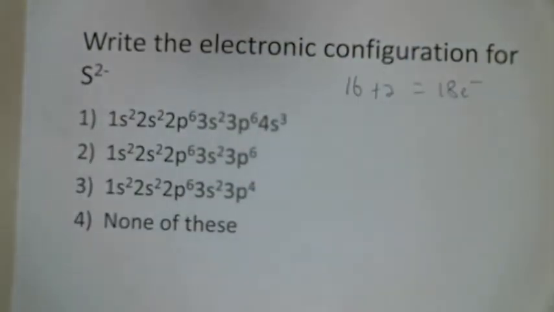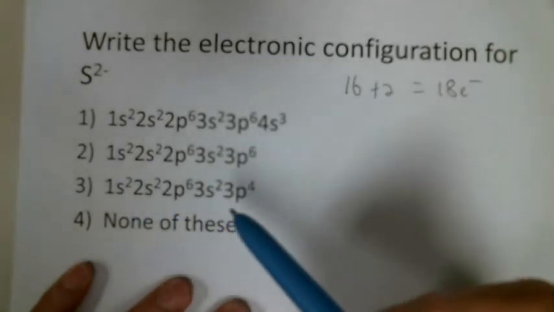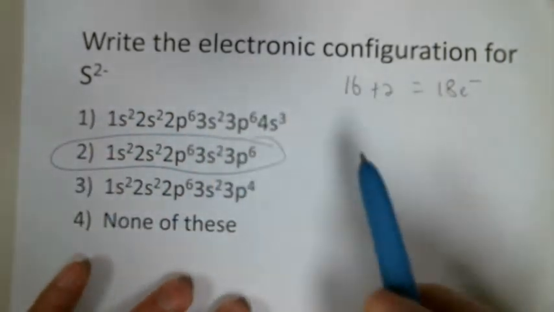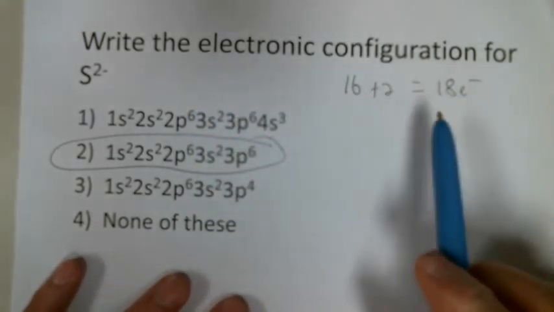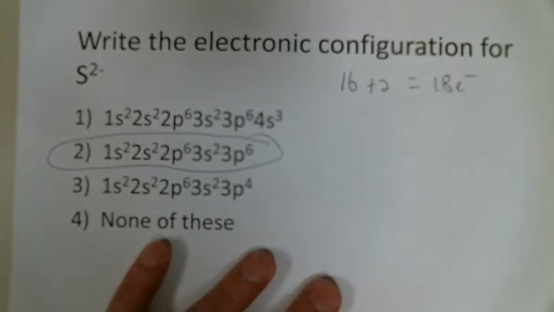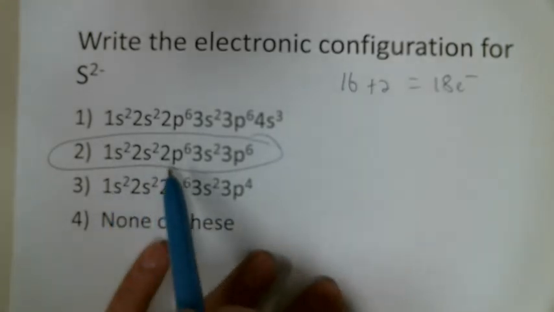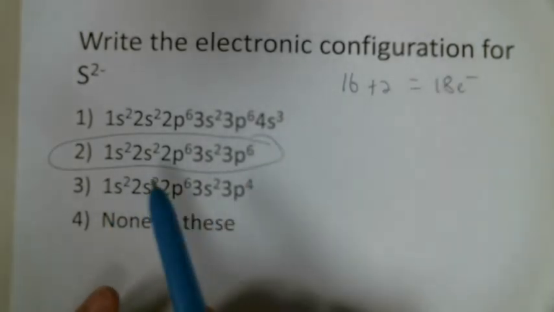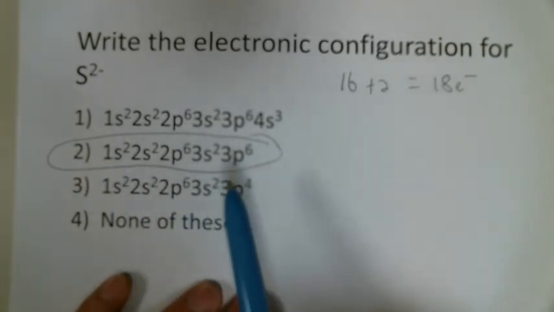I talked about the octet rule. Anyway, that's the idea. We're sitting at argon with 18 electrons. And so going through here, it's just this one. You probably should go through and write it either the filling order way or the periodic table way, but 1s2, 2s2, and hopefully you did that before you came back. 2p6, so that's our 10, 12, 18.